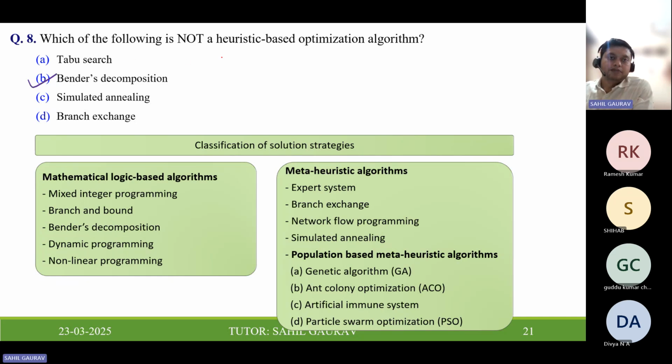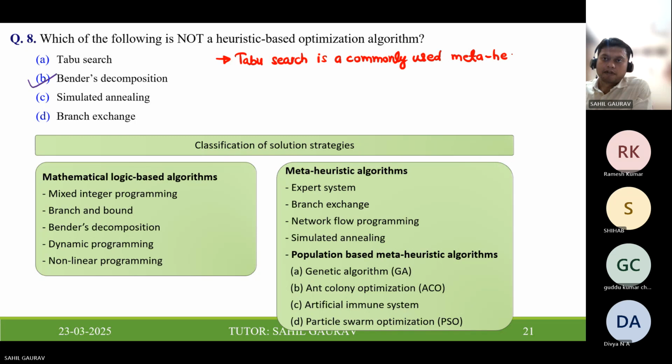So you can write about tabu search. Tabu search is a commonly used meta-heuristic solution strategy for optimizing model parameters.